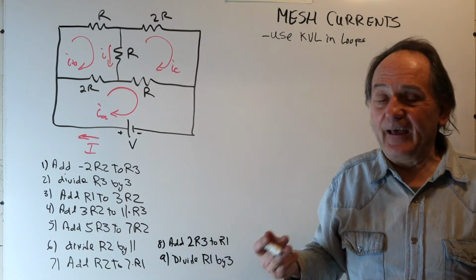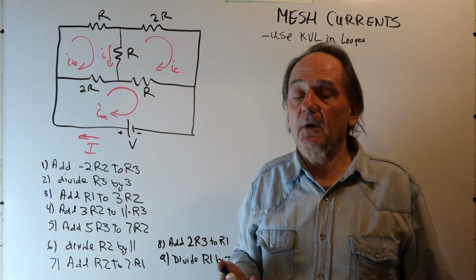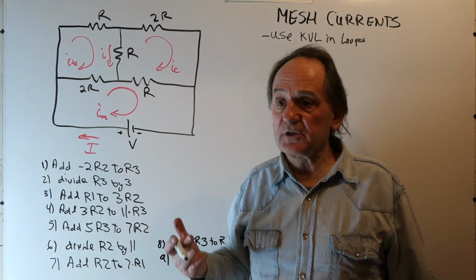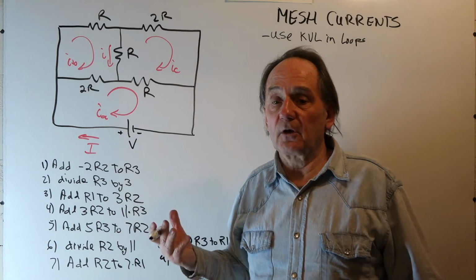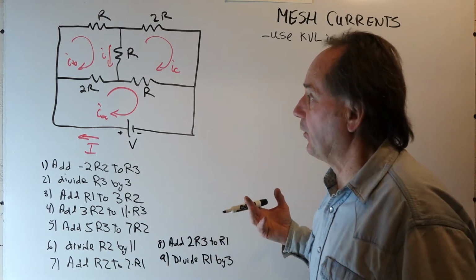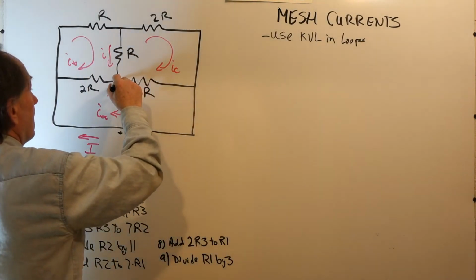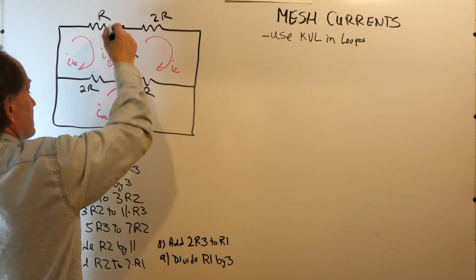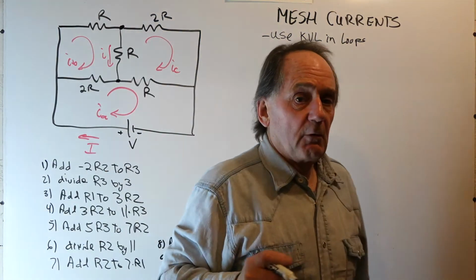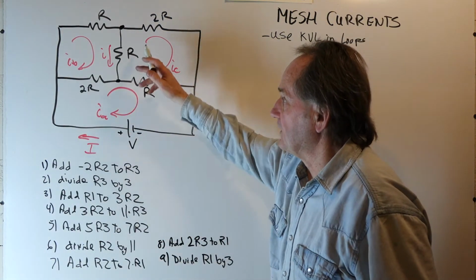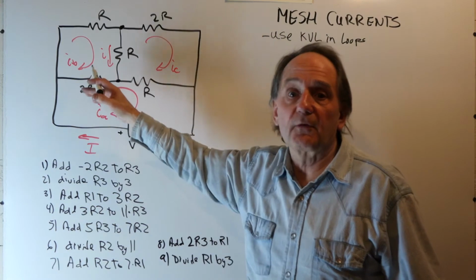And then there's an analogous technique I'll be talking about a little later called node voltages, where you use Kirchhoff's current law to sum the currents at each node to determine the node voltages. Here we don't really care what the node voltages are, because we're going to solve for currents rather than voltages.